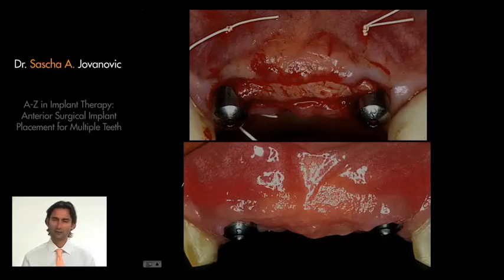And to create a good emergence profile, I need more thickness. And interesting here, I harvested this piece of soft tissue, it's right here, from the palate. I placed it into the buccal pouch, like in a tunnel, and I used these sutures here at the apical area to anchor the connective tissue graft so it doesn't slip around.